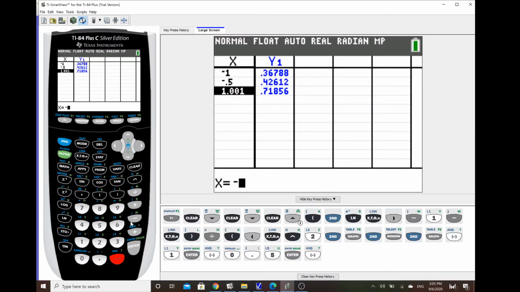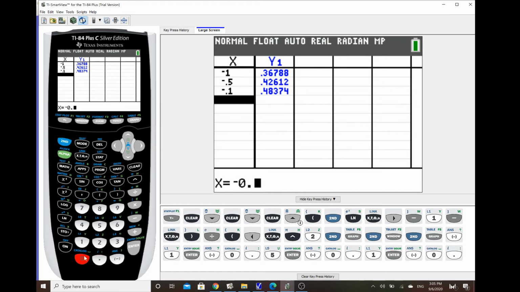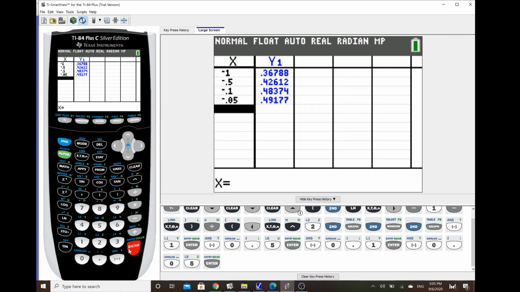Negative 1, negative 0.5, negative 0.1, and then negative 0.05. As you can see, the limit is getting close to 0.49, and eventually it is going to get close to 0.5. And then the next one, negative 0.01. This one just shows the limit approaching from the left-hand side at 0.